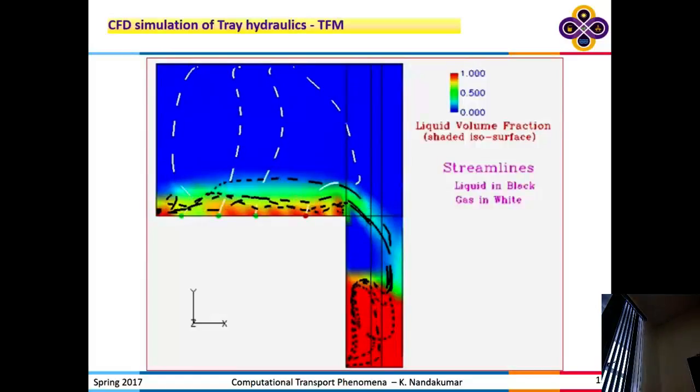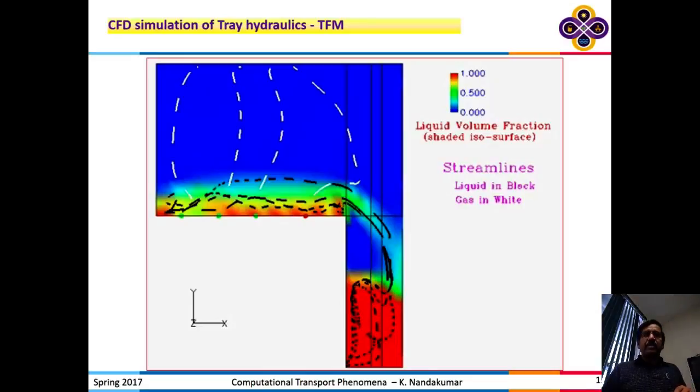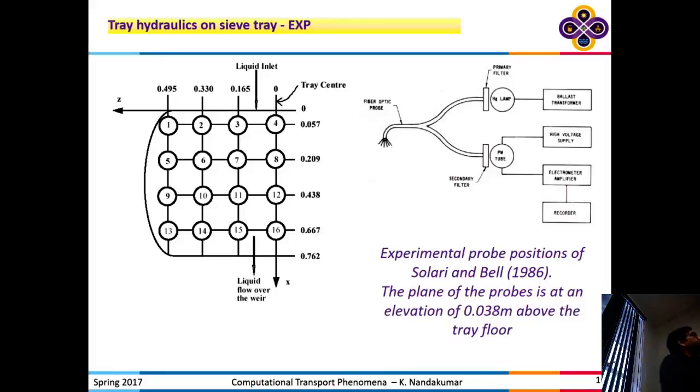This is the animation of how the path of a vapor stream will be, and what the path of a liquid stream will be. And here you have liquid that is accumulating. You can see it's flowing over the vapor. So it looks qualitatively correct, but quantitatively, how does it compare?